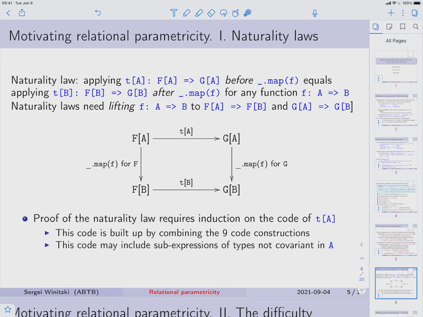But this is not possible, because sub-expressions will be of types not necessarily of this shape, and they may not be covariant in A. There might be sub-expressions that are complicated, that by themselves do not have this type signature, or they're not covariant in A. But as a result of the code, everything has this type signature, and so on. So it is not possible to directly prove naturality law in this form by induction on the code of t.